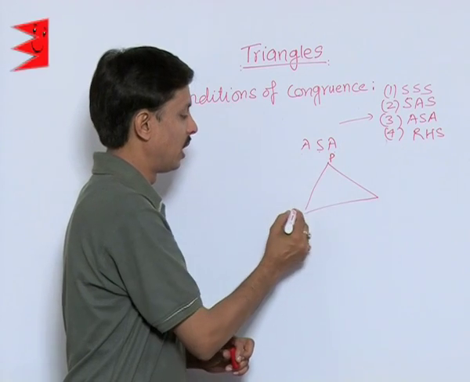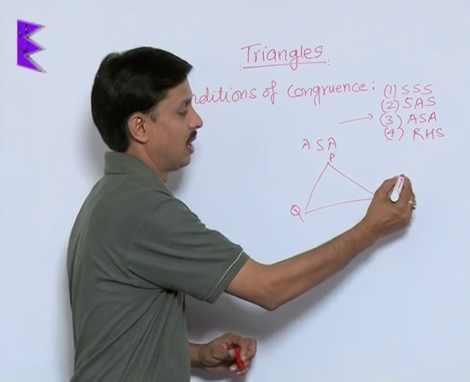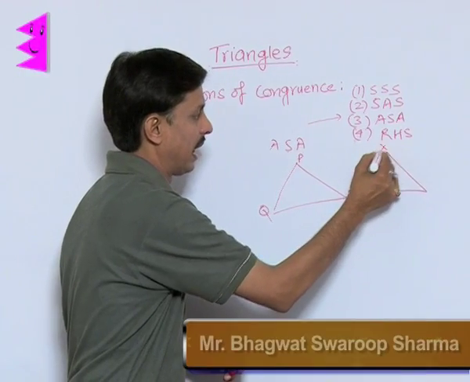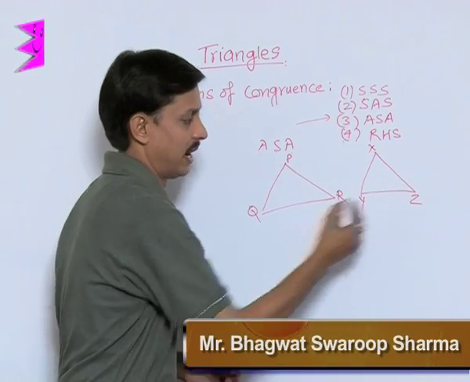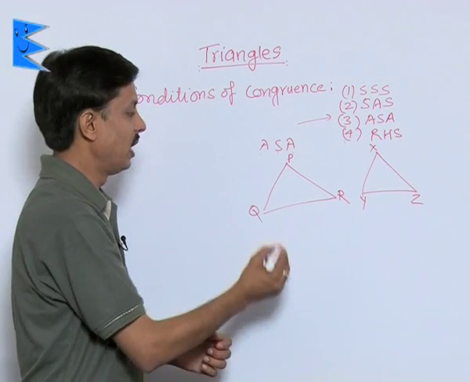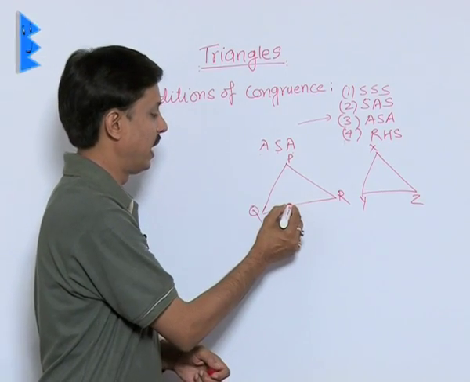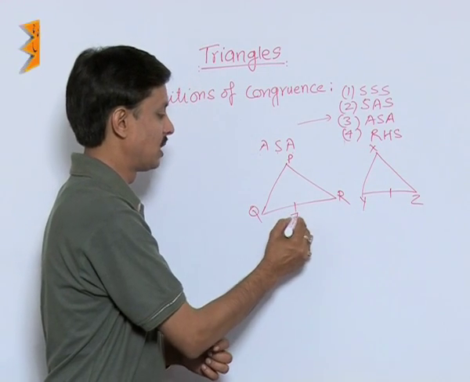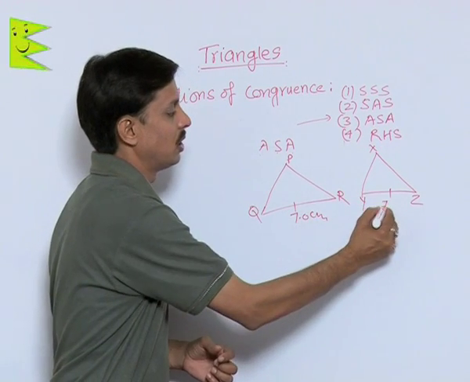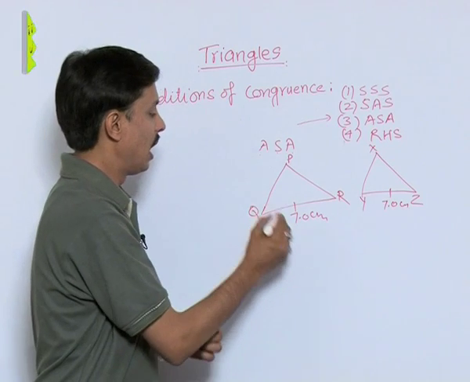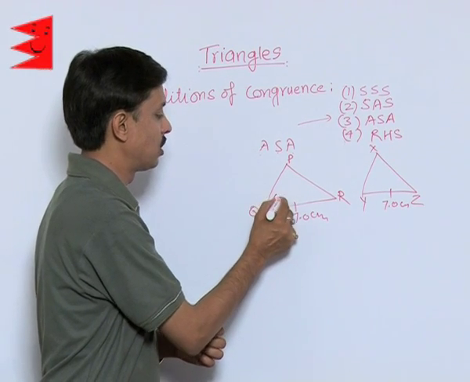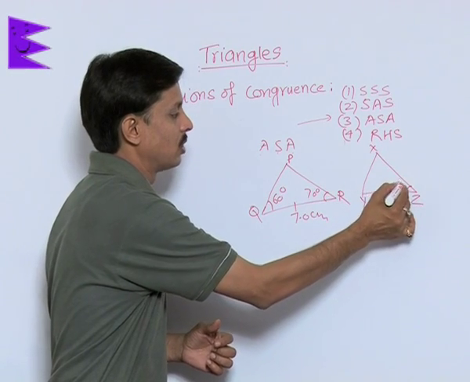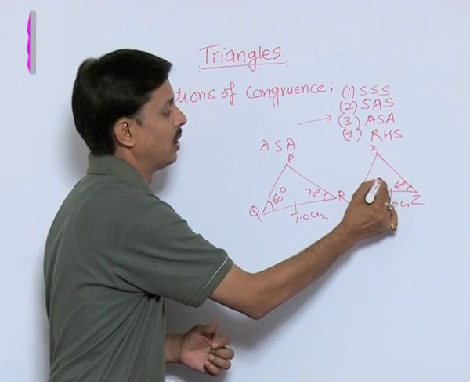Suppose this is the triangle PQR and there is another triangle, XYZ. And suppose the length of the side QR is equal to YZ. Suppose this is 7 centimeters, this is also 7 centimeters. The angles made here are 60 degrees and 70 degrees. Here also the angles are 60 degrees and 70 degrees.